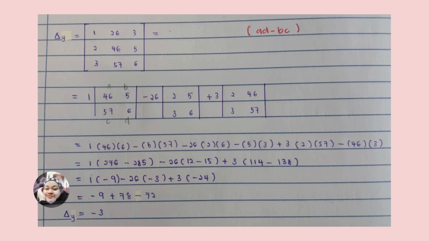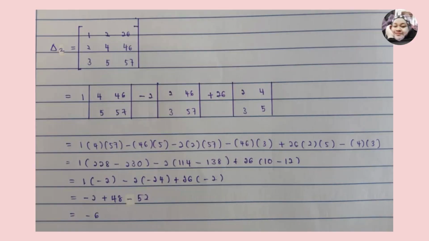Okay, as I got here is negative 9 plus 78 and minus 72. What I got for determinant of y is negative 3. Okay, this is how we need to find the determinant of z. We need to put the last result at the z column.